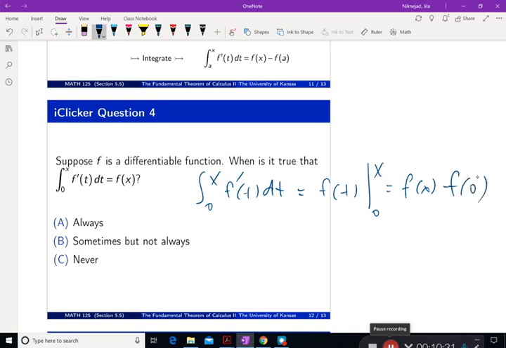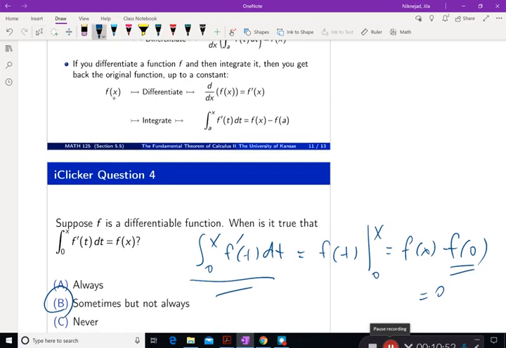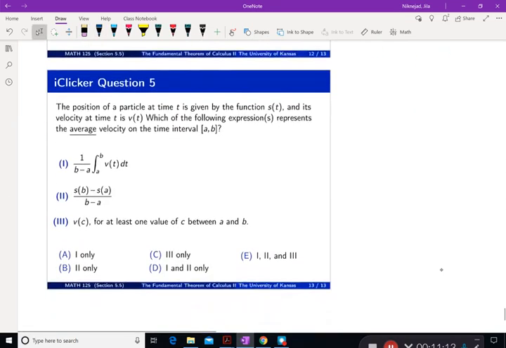So if f of 0 is equal to 0, then this integral is going to be equal to f of x. If f of 0 is not 0, it's not going to be equal to f of x. So the answer is B. And this is the same process here. Differentiate f, then take the integral, and you may end up with f of x minus f of 0. The a is 0 in here, and it depends on the value of f of 0 whether the beginning and the end values are going to be the same or not.